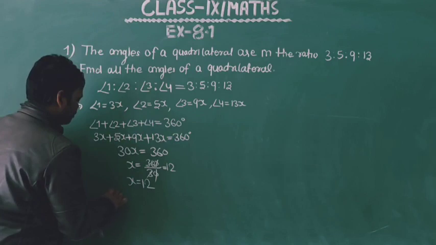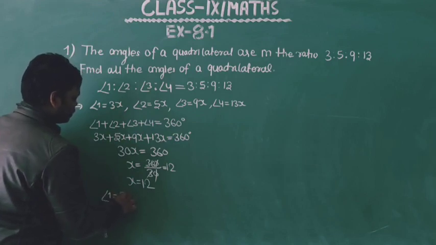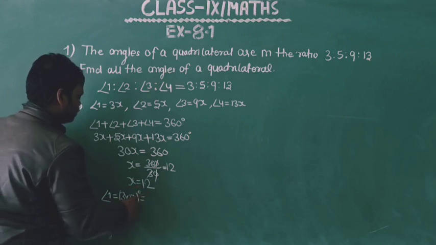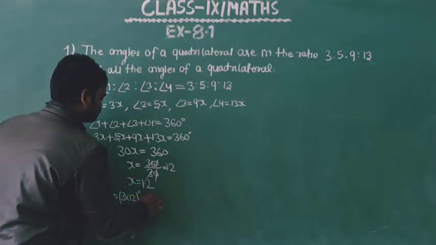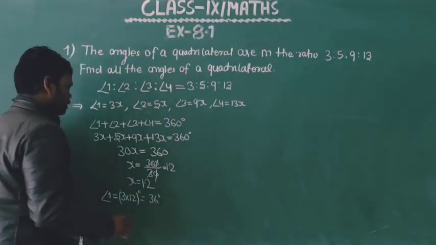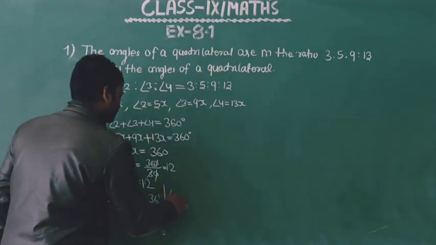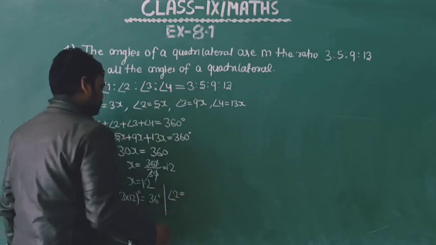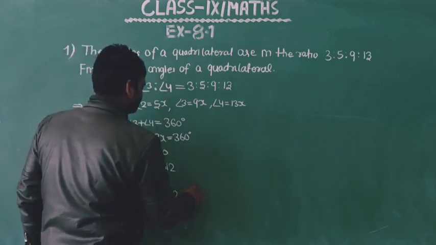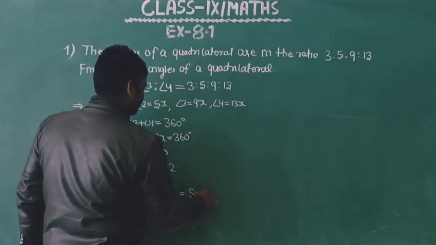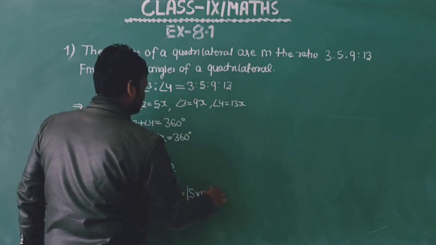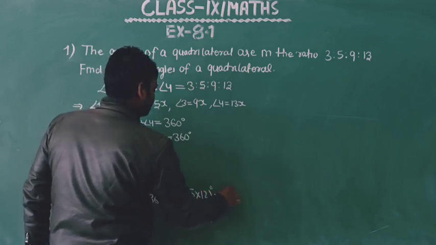Therefore angle 1 equal to 3 into 12, which is equal to 36 degrees, and angle 2 equal to 5 into 12, which is equal to 60 degrees.